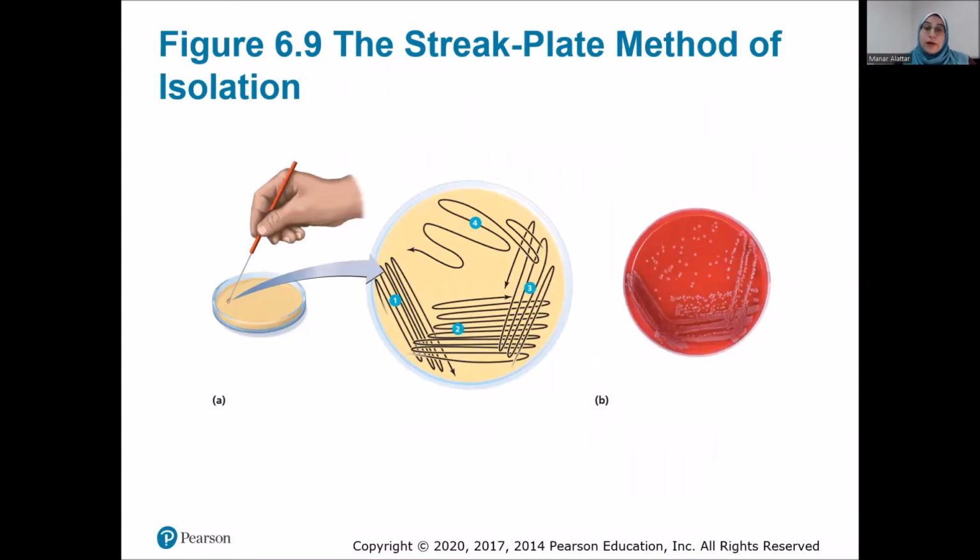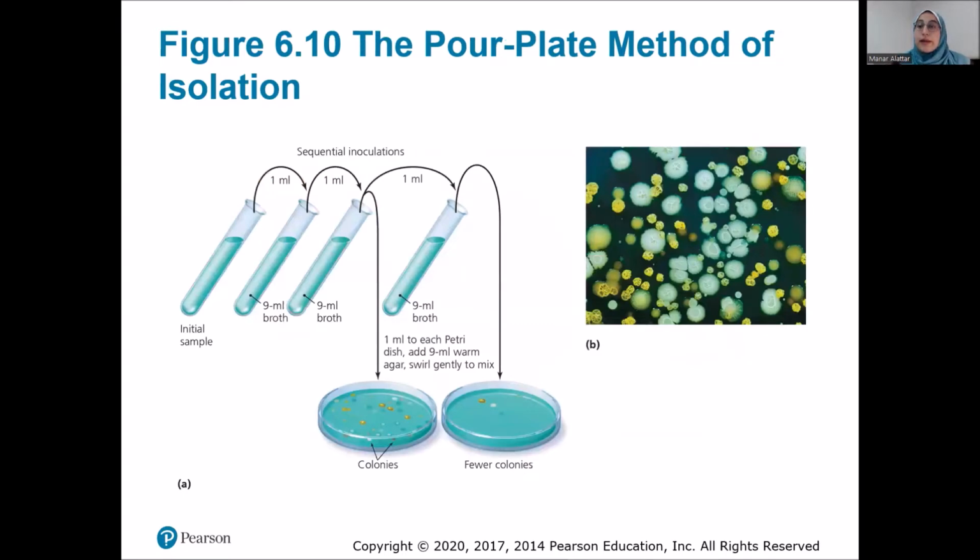Another way to get pure colonies is what's called serial dilution, okay? And we will also be doing serial dilutions as a way of counting or enumerating microorganisms within a sample. And essentially, it's just what it sounds like.